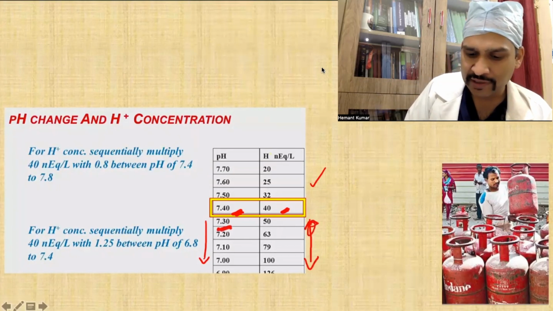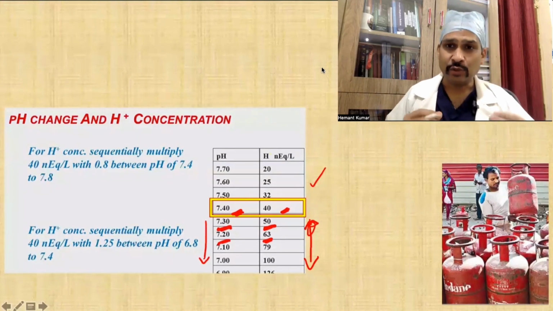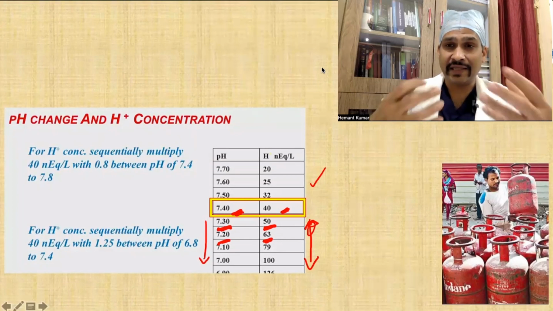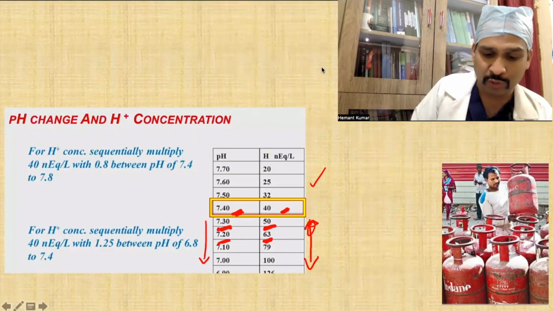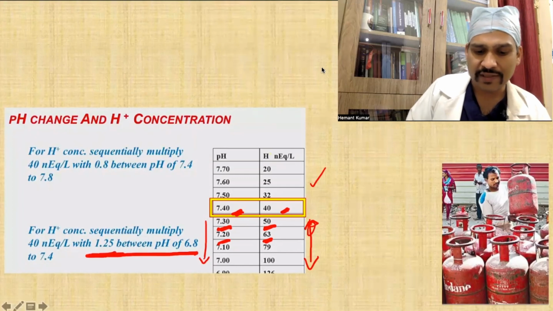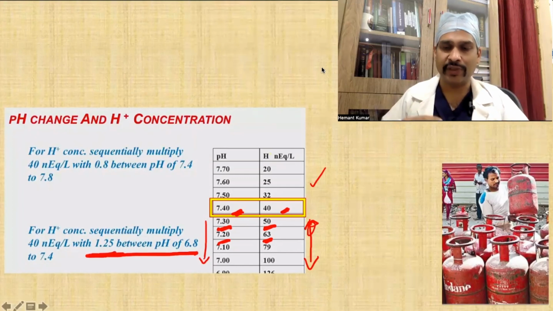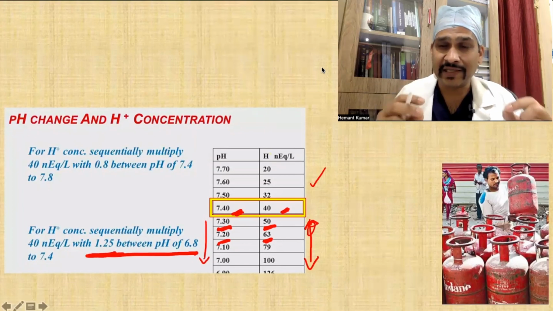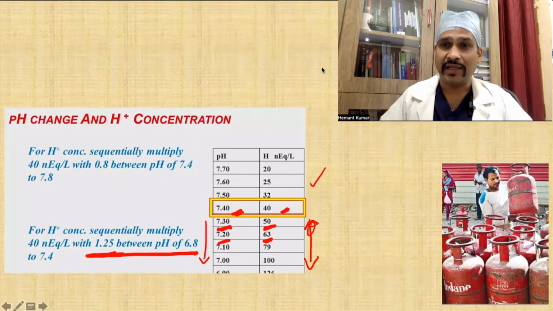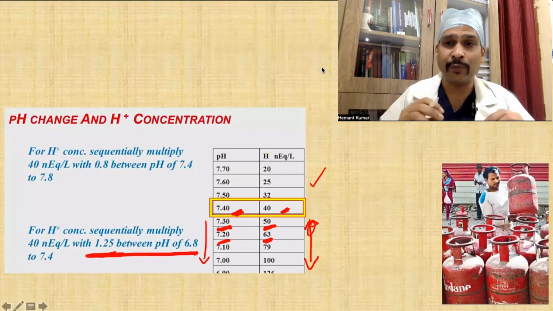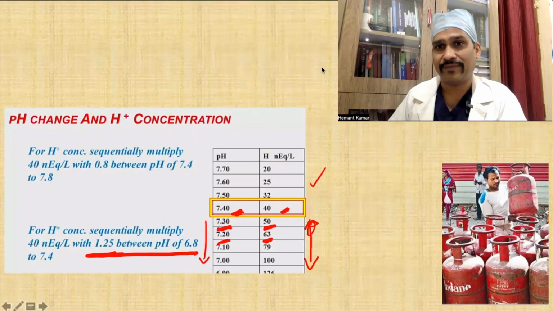At 7.3 it is 50, at 7.2 it is 63. So there is some pattern. H+ increases by 1.25 times with each decrease of pH by 0.1, from pH 7.4 down to 6.8.